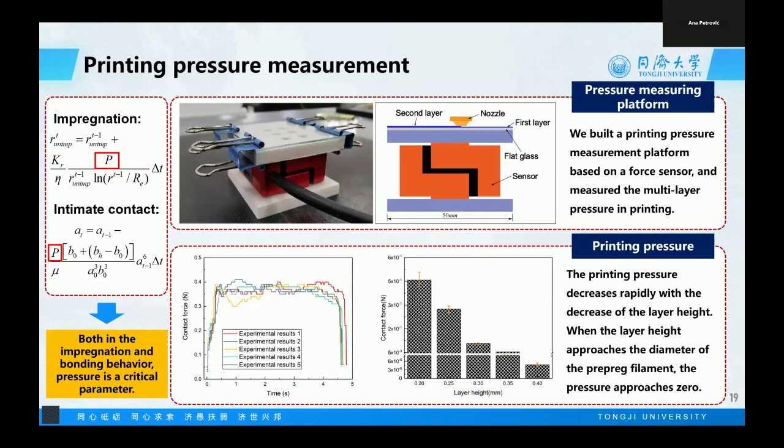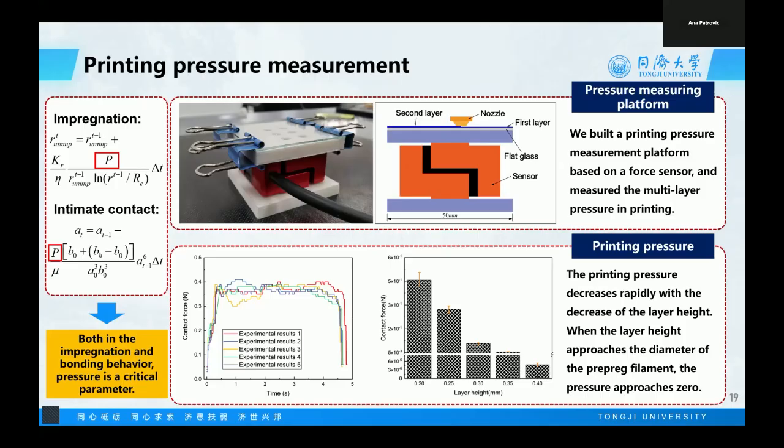And then we measured the printing pressure during the printing. From these equations, we can see that both in the impregnation and the bonding behaviors, pressure is a critical parameter. Thus, we built a printing pressure measurement platform based on the force sensor and measured multi-layer pressure in the printing. And the printing pressure's result is shown in the following figures.